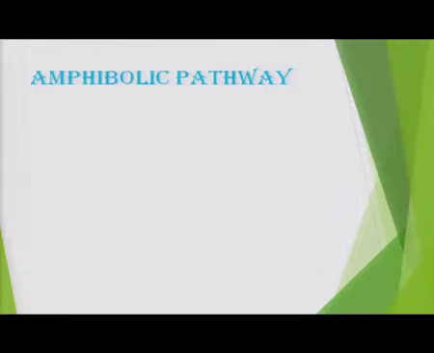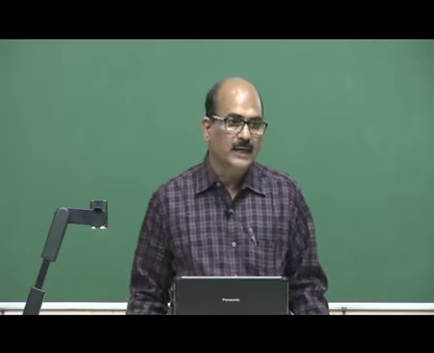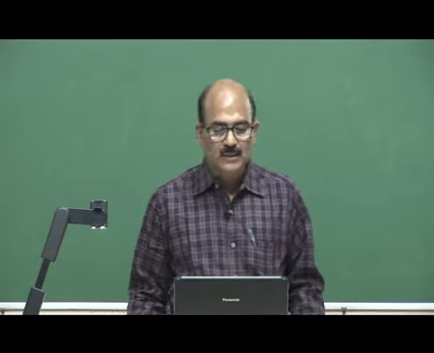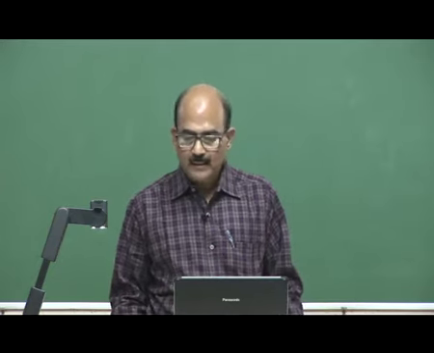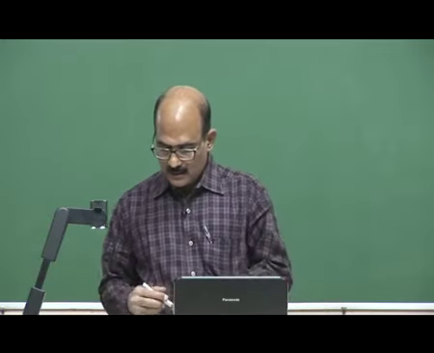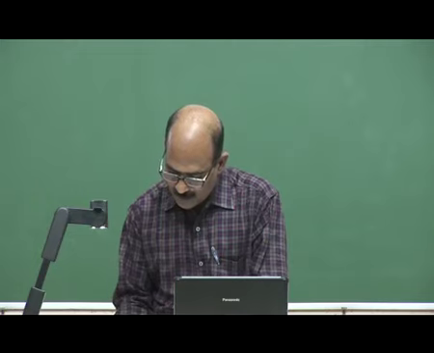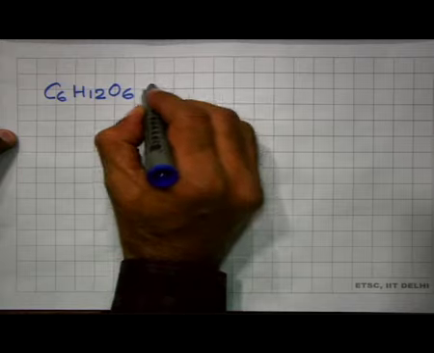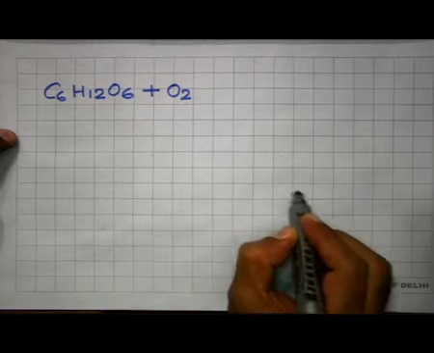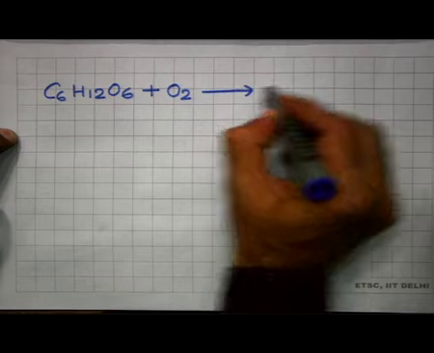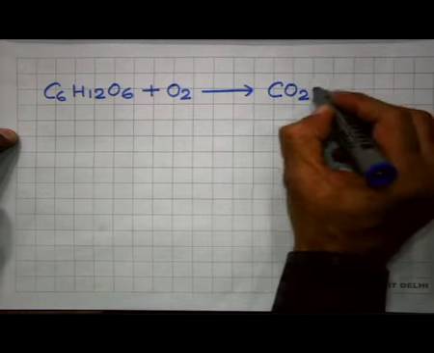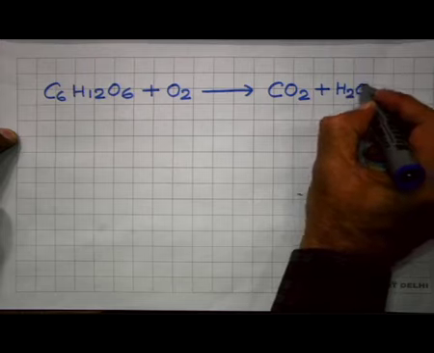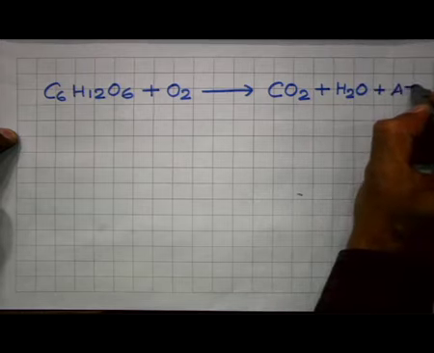Now, respiration is an amphibolic process. Amphibolic means where catabolic and anabolic processes take place. Generally, the reaction of respiration is depicted as: the glucose molecule, with the help of oxygen, if oxygen is present, is converted into carbon dioxide, water and ATP.